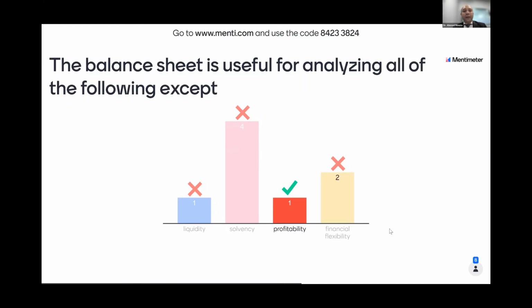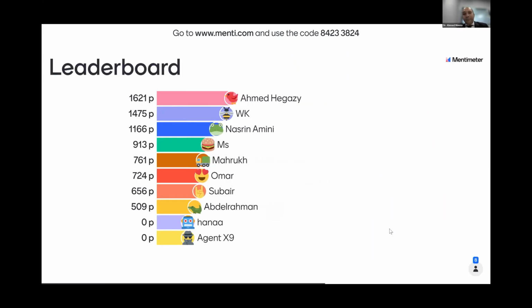It helps you analyze your solvency because it measures whether you will be able to pay your long-term debts or not. Financial flexibility, it will also help you, but profitability is not in the balance sheet, it is in the income statement, right? So the balance sheet is not useful for analyzing profitability, because you use the income statement for that. Thank you to the one who answered correctly or incorrectly.